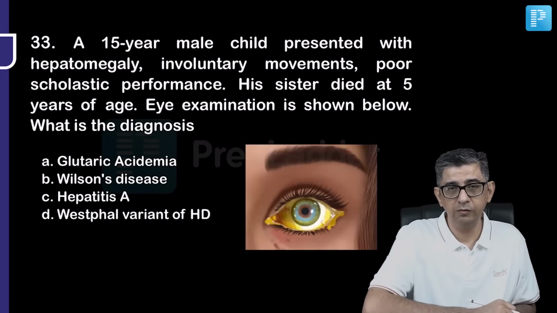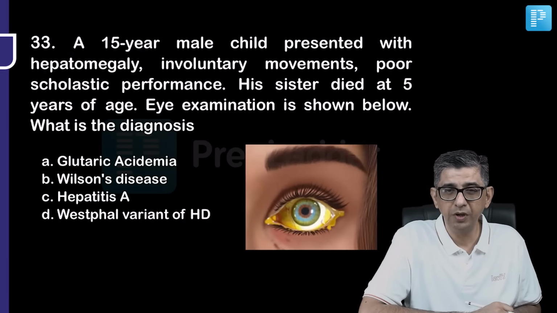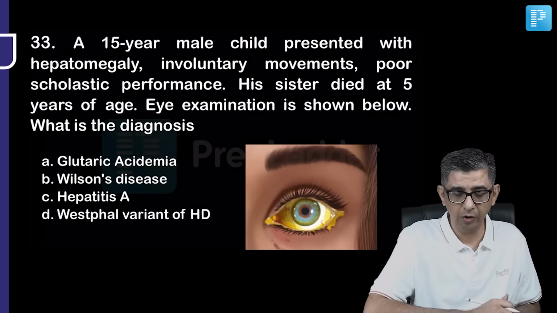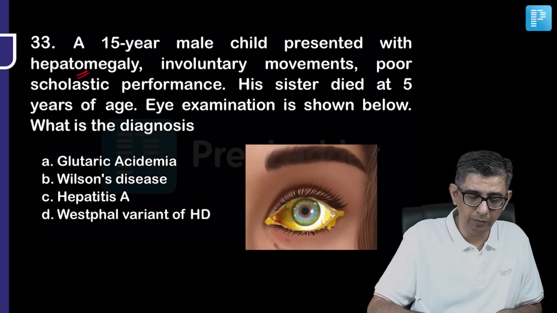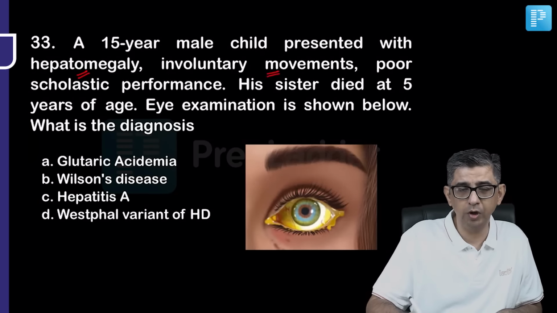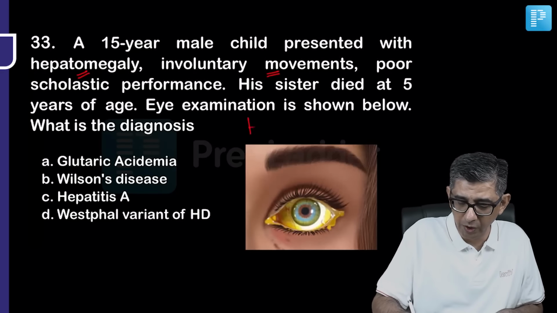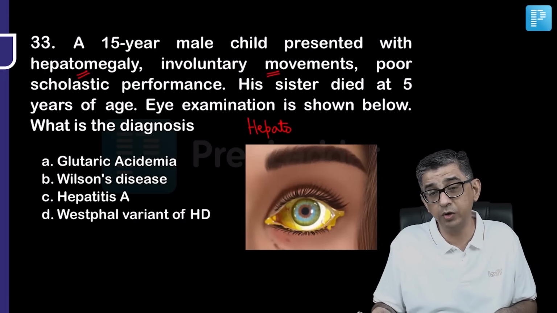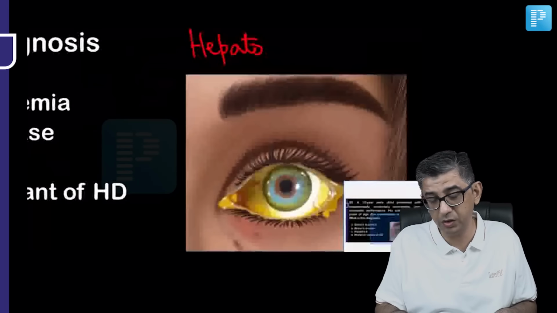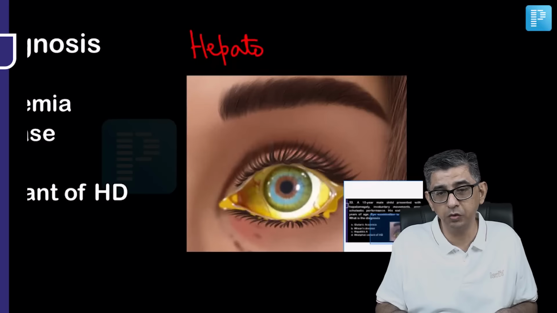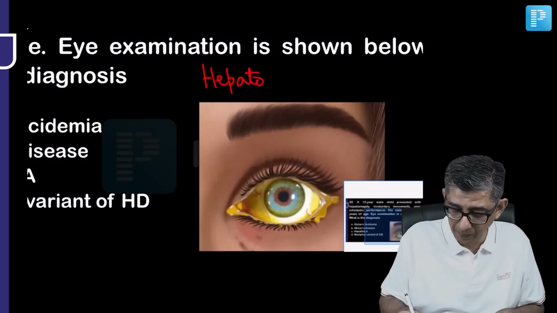Then there is the traditional question that always comes in the exam: a 15-year-old boy with hepatomegaly, involuntary movements, and poor scholastic performance. So he's talking about liver involvement and then neurological involvement. The moment you read this and you get jaundice in the person, some students said that the ring was very visible. That is, as you can see in this image, the greenish-white ring, that is the KF ring.